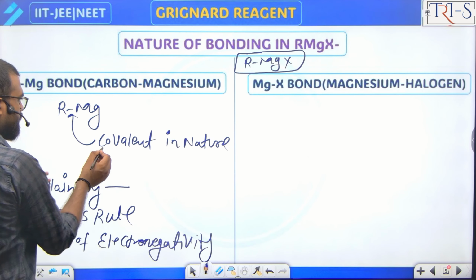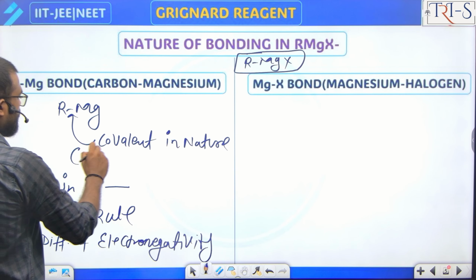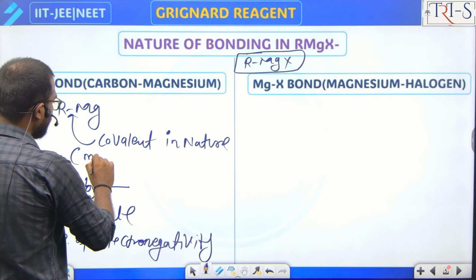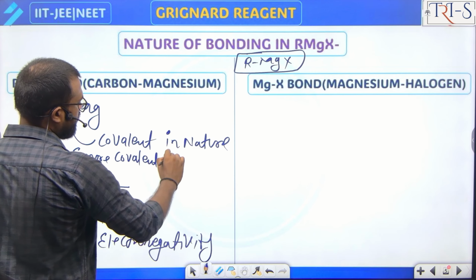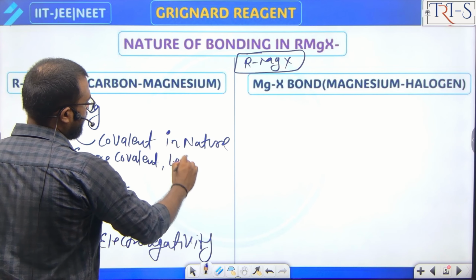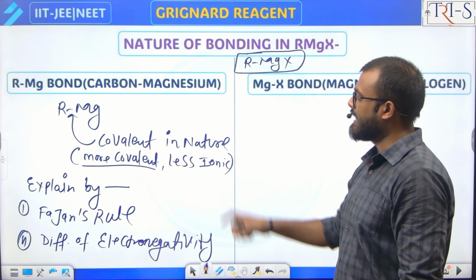But here we discuss the actual nature between carbon and magnesium: it has more covalent character and less ionic character. The bond is generally regarded as covalent because the covalent character dominates the ionic nature.